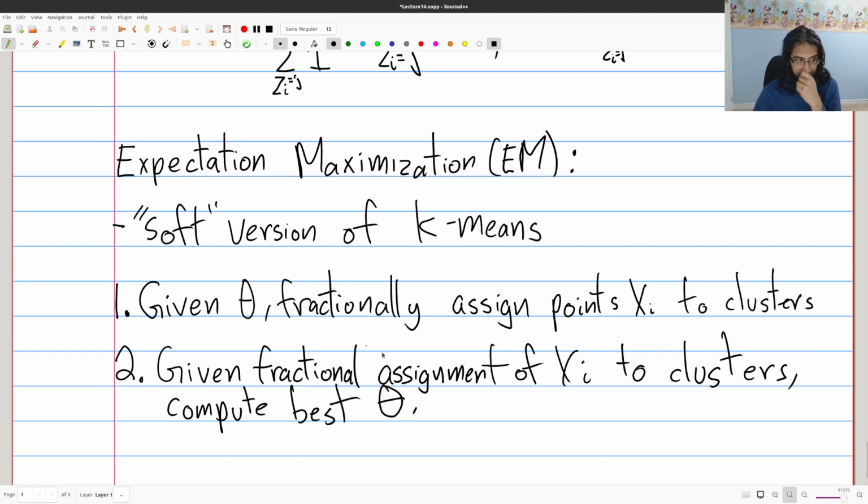So you can see, again, this is similar to how we did it for k-means, where we alternate between two different steps. Given theta, we assign points to clusters, and then given these assignments of points to clusters, we compute the best theta. We just keep repeating until eventually it converges.